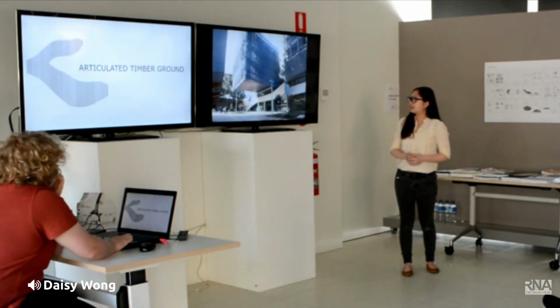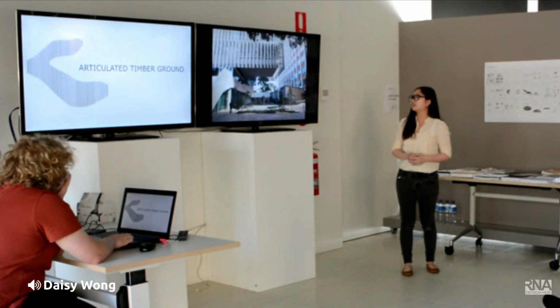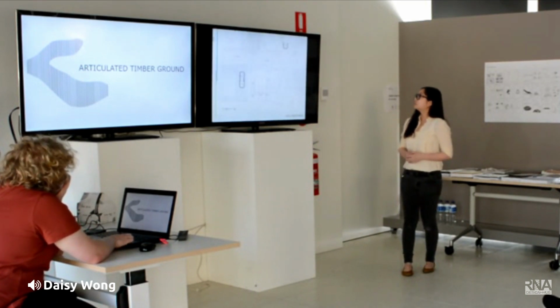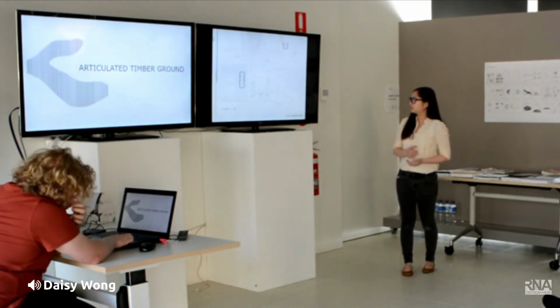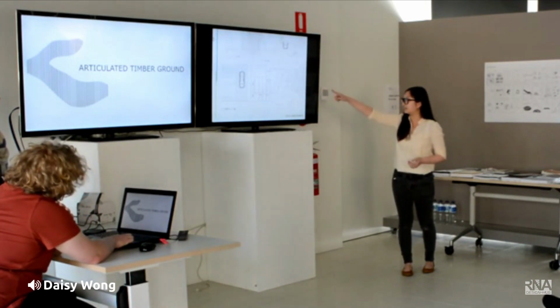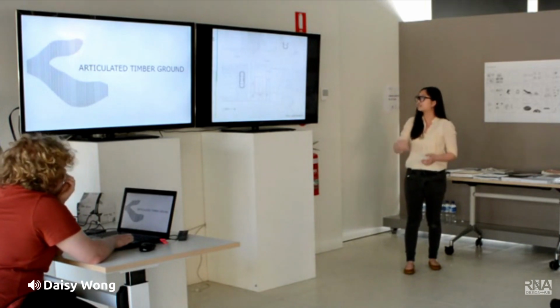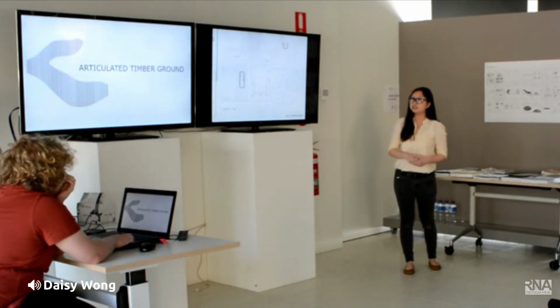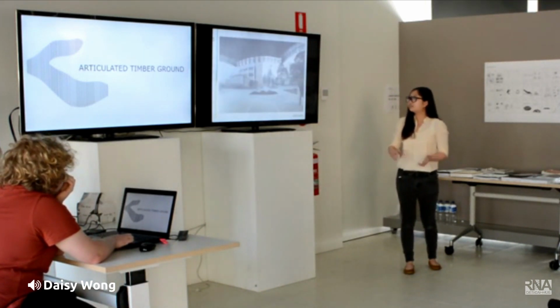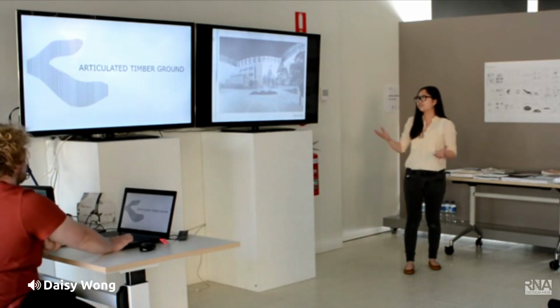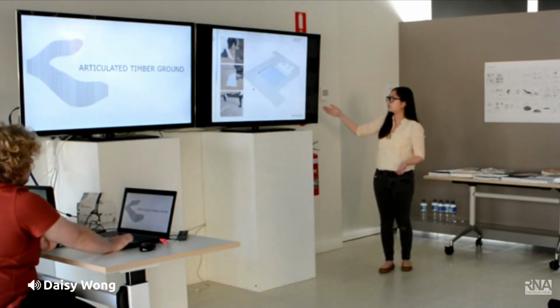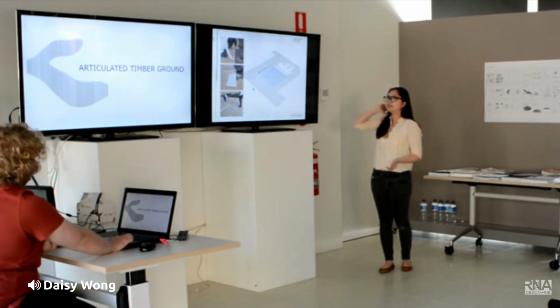By understanding the site, we have to know about the constraints and also the potentials. The first site constraint we looked into, in this 6x6 square site, is the site level. From what we looked at visually, we can see that there is flow to the drain next to it.